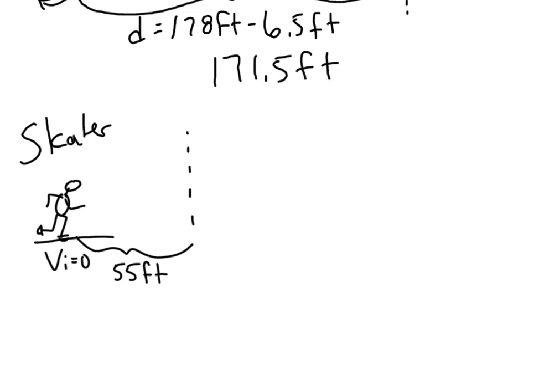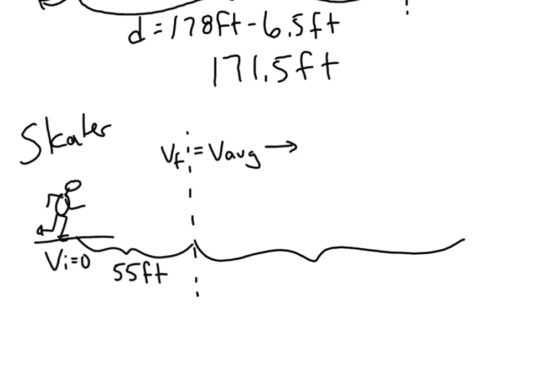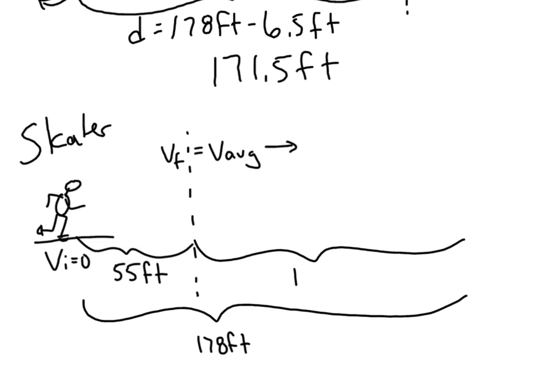And at that moment, we break the problem up into a new interval, because whatever his final speed is as fast as he can go, that's the average for the rest of the way. Now, the rest of the way would be the 178 feet total minus the 55. So the rest of the way is 123 feet.